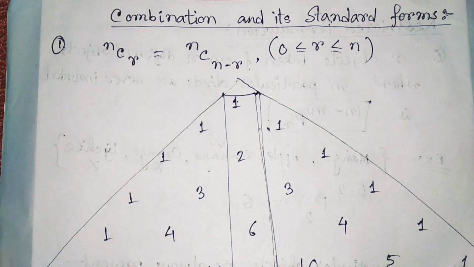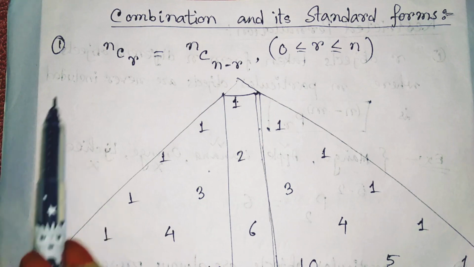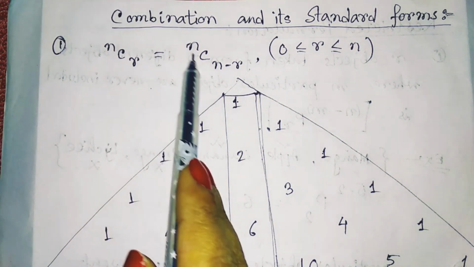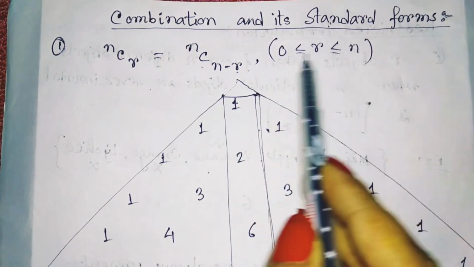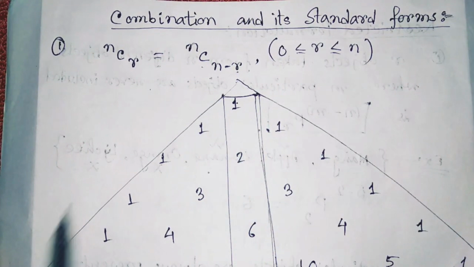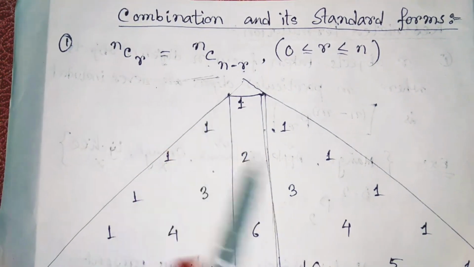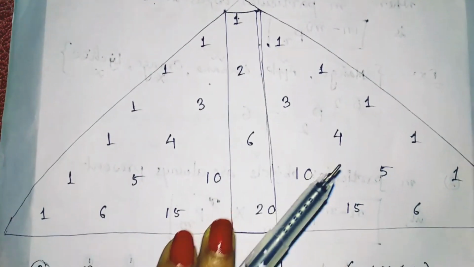So combination is nCr, that we know. There are some important properties. The first property is nCr equals nC(n minus r). Remember, r always lies between 0 and n. All these properties we can verify by using this triangle.